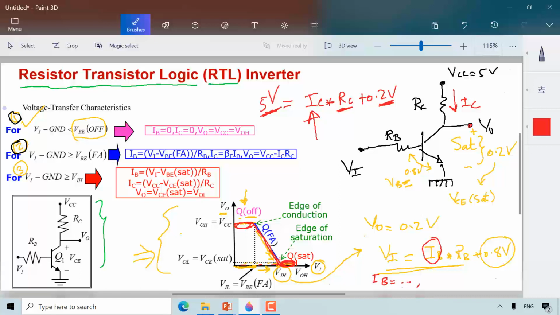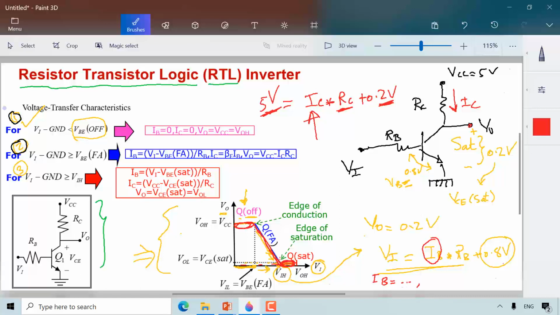So this is the circuit analysis of the resistor transistor logic inverter, and I have gone a bit deeper than what I will do in the other circuits, because we want to understand how we analyze these circuits and how we find the currents and voltages.